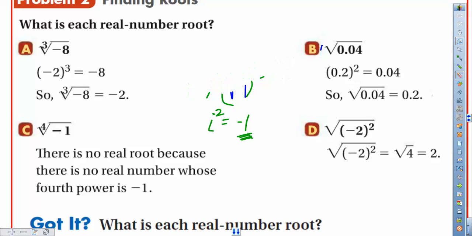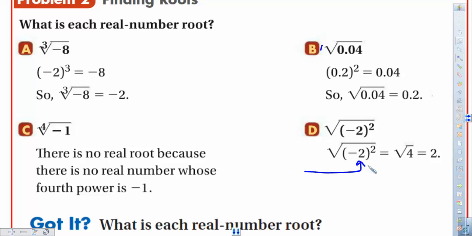Well, that trap can burn some students when it comes to an example like D. So here's the key to success on this problem: make sure that you let order of operations take control. If we are letting order of operations take control, don't we have to square that -2 first and make that 4, and then take the square root of 4? So then our correct answer would just be +2.